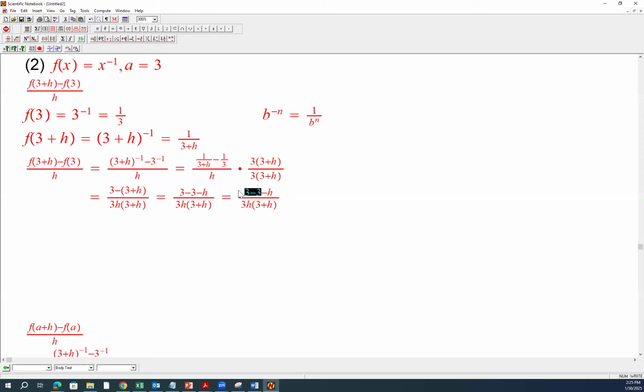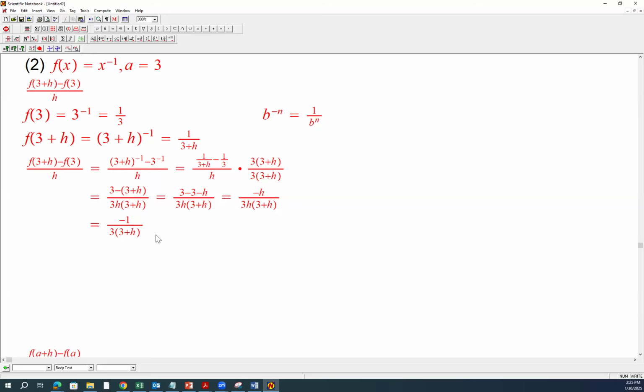And this h and the h in the denominator will be reduced. So near the end, what do we get? H, reduce the h in the denominator, and that question is finished.